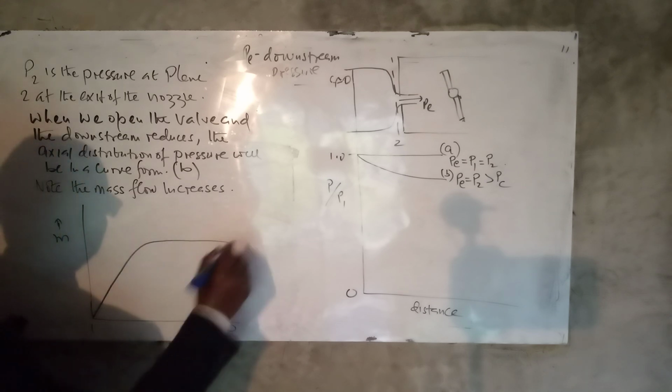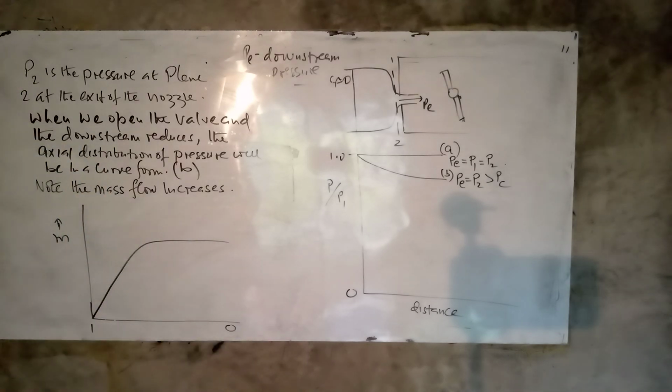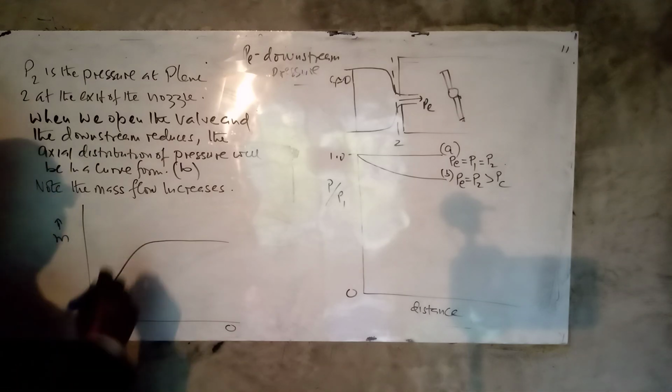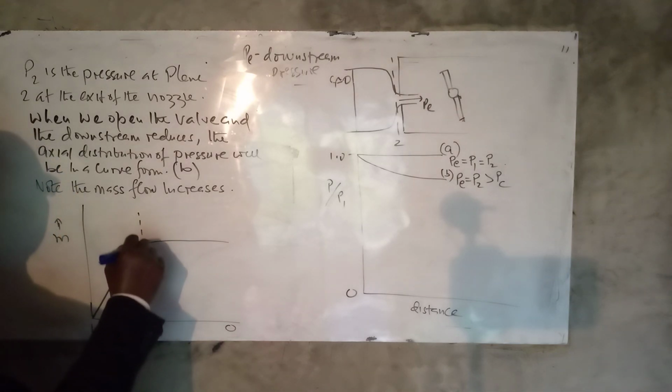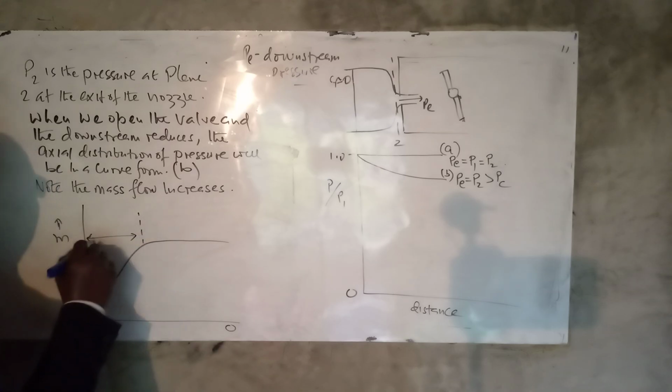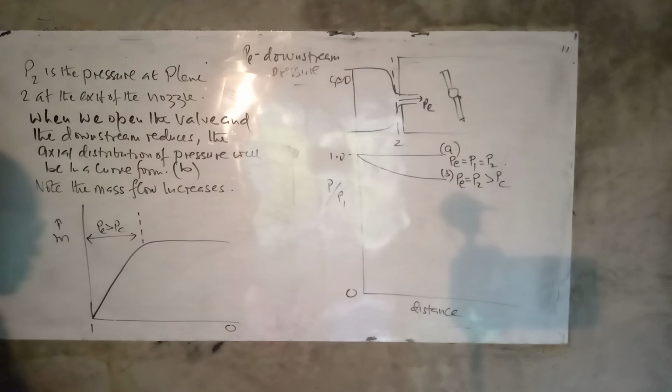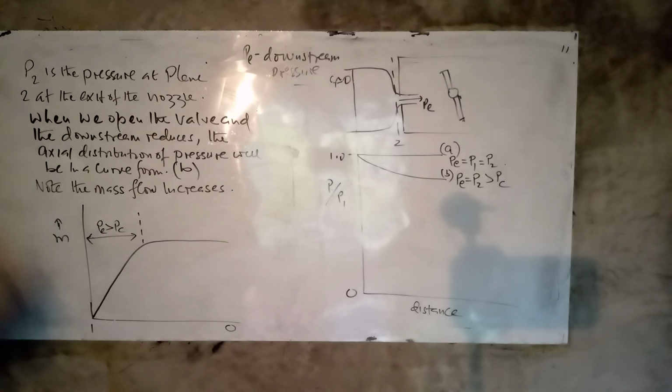It increases. So in this particular region, we are saying that PE is greater than PC. So we have still not reached our maximum flow.